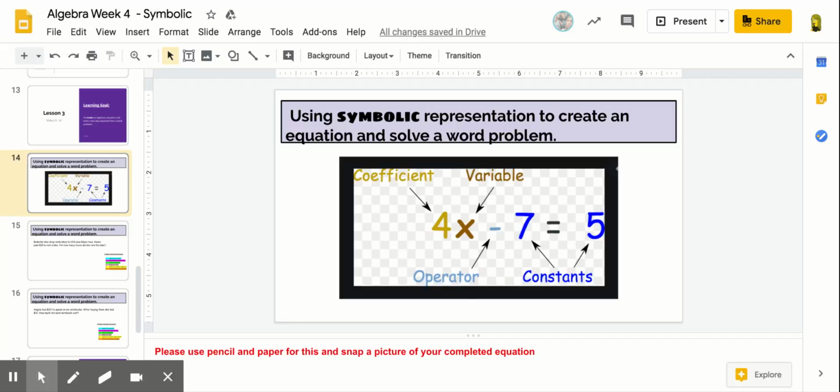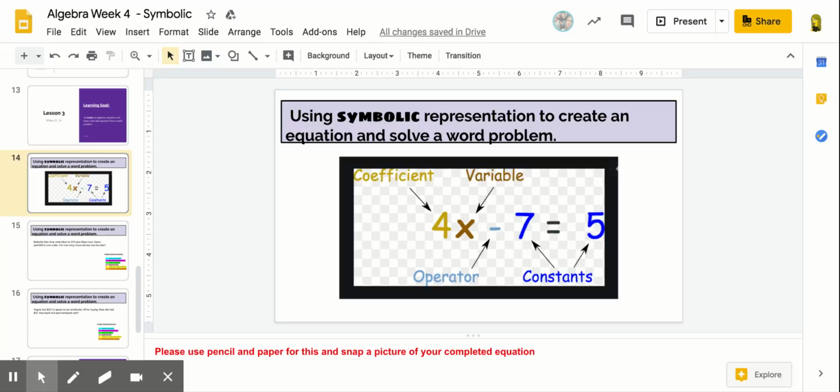The number that is connected to our variable, we call a coefficient. It's really important to be able to recognize the coefficient, because it's very directly related to the variable. This number here and this number in blue, those are our constants. They can't change.